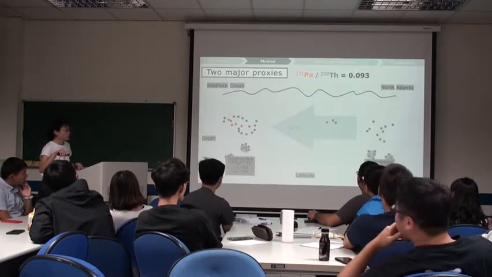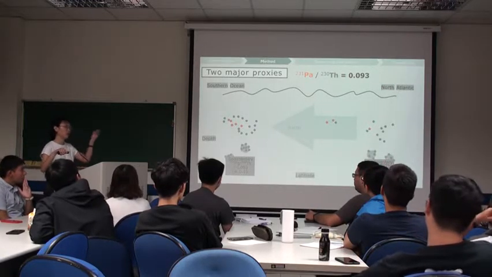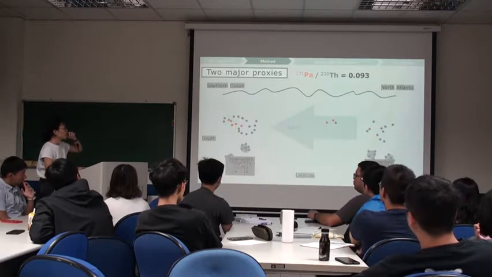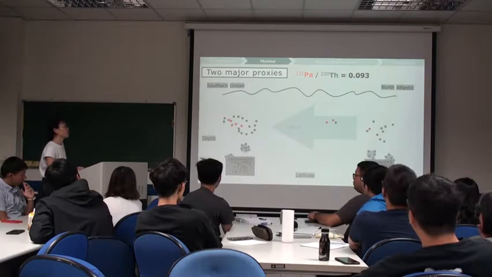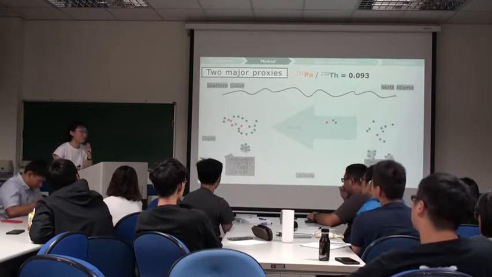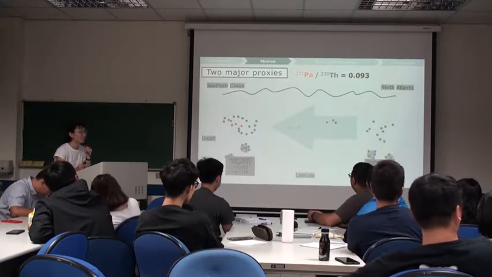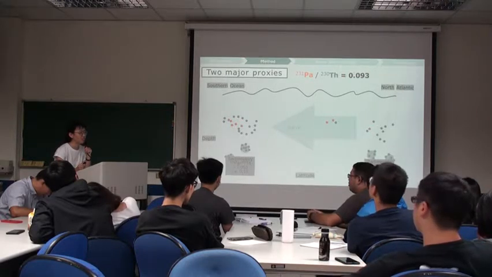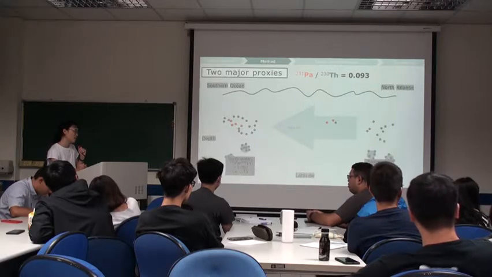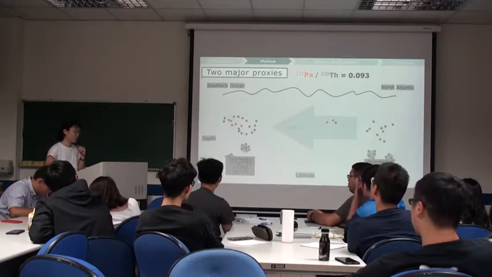So if we measure this sedimentary ratio, we can know a number. Can you repeat your question? Can this ratio also show us the direction of the current? I think it cannot show us the direction.